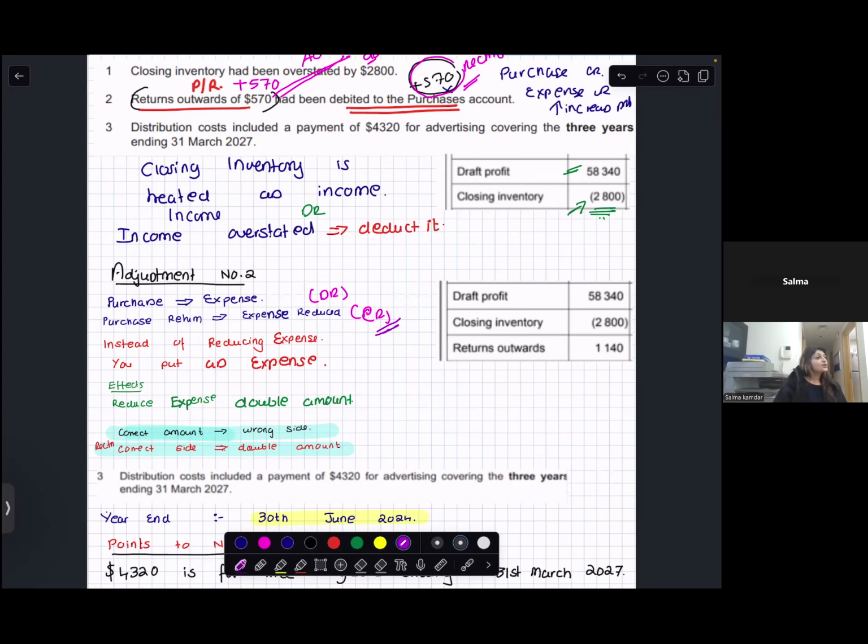Credit balance. So you had to write 570 on the credit, but you treated it as purchases, so you wrote it on your debit. So you write it on the correct side, but which amount? Double amount. So 570 plus 570 for correction of return outwards. I hope you're with me.